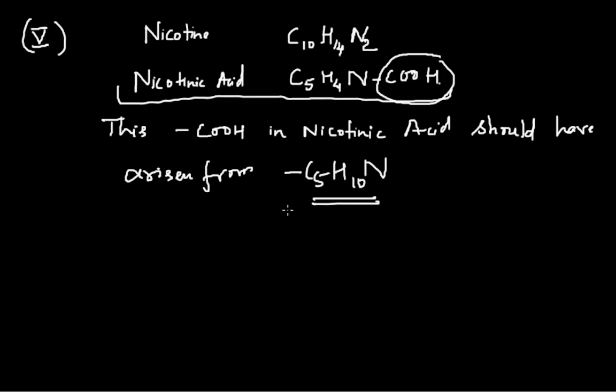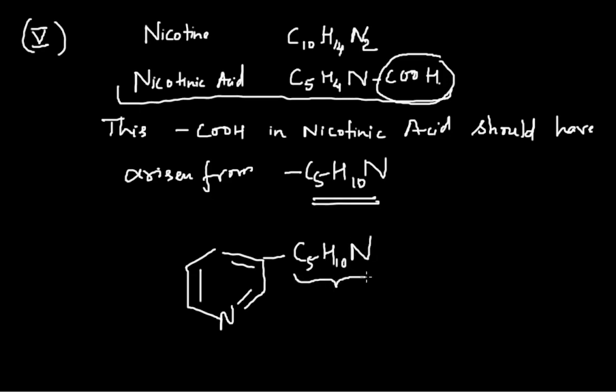Okay, so your nicotine formula is something like this: C5H10N. Now we need to account for what is there here. Got it? Okay, let us move to the next thing, next experimental evidence.